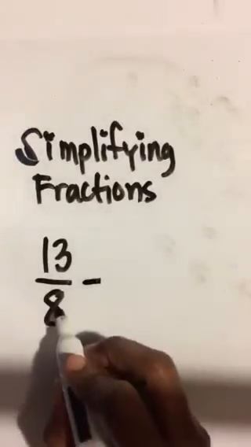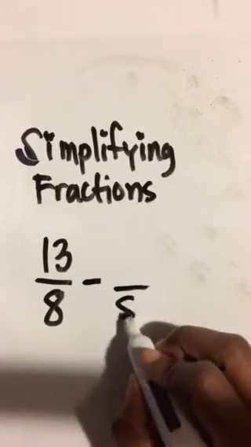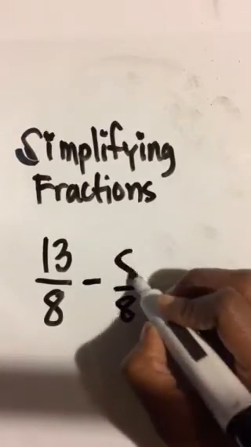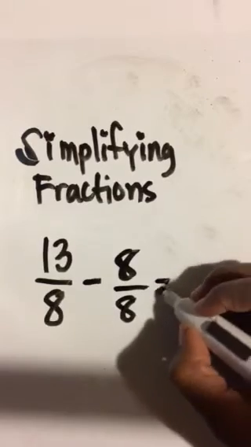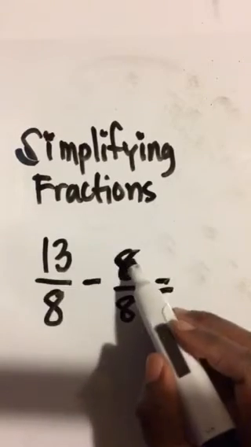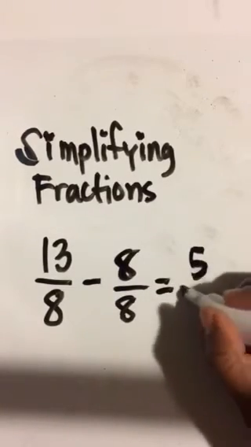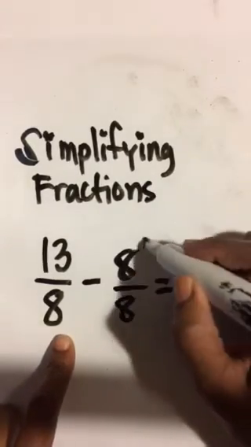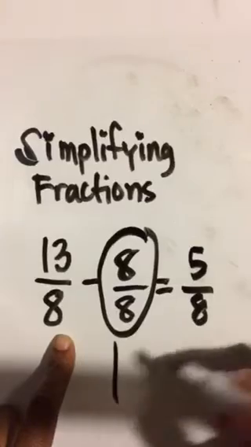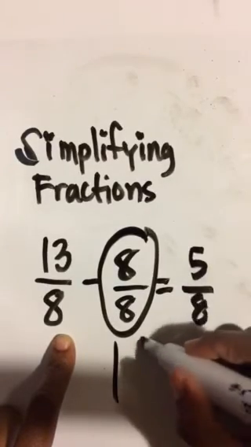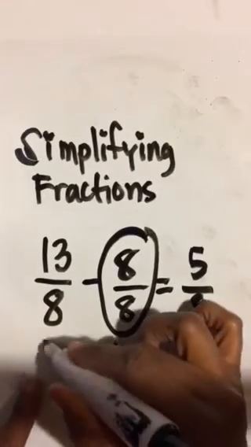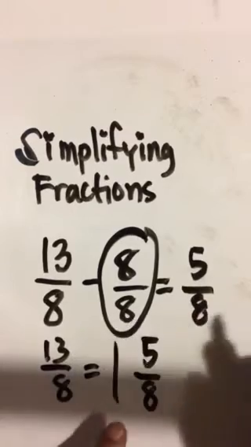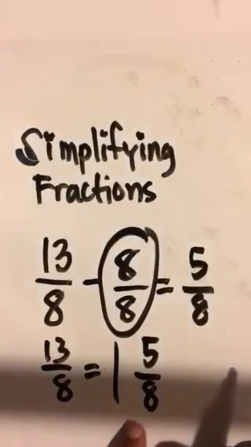The denominator tells me how many will be in my whole. 8. Which means it's 8 in the numerator as well, which gives me 13 minus 8, which is 5/8. So the parts of 13/8 are the whole and the 5/8. So 13/8 is equivalent to 1 and 5/8.